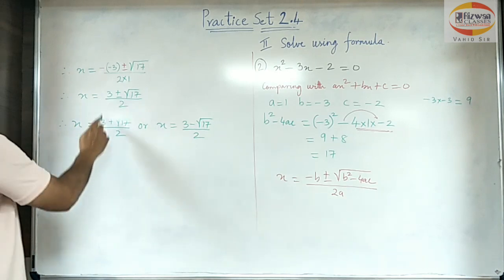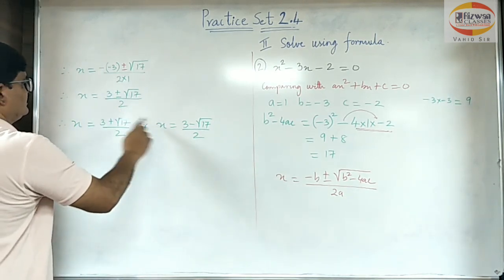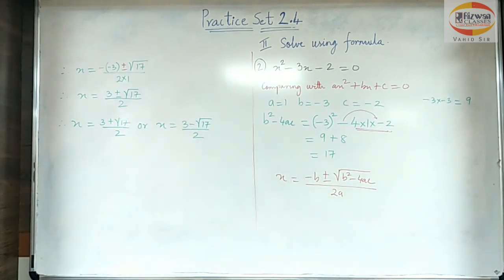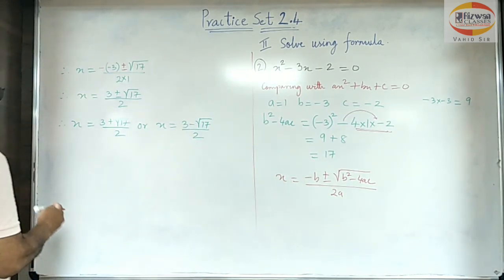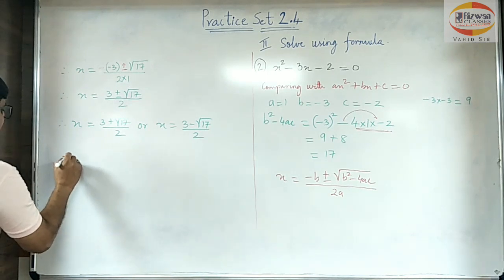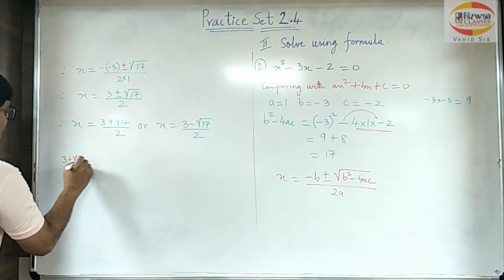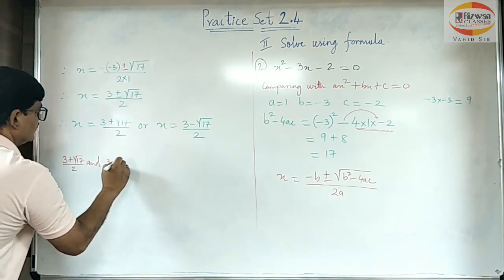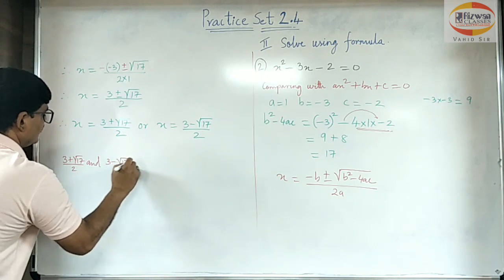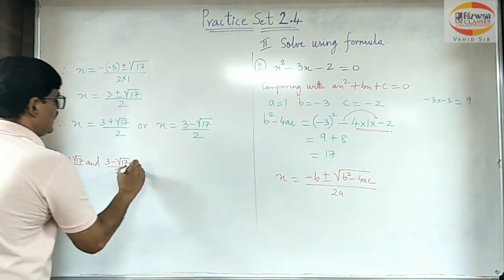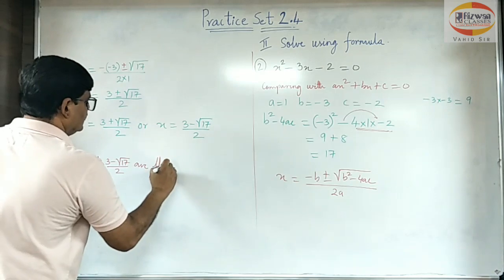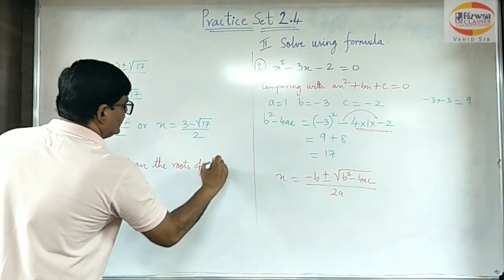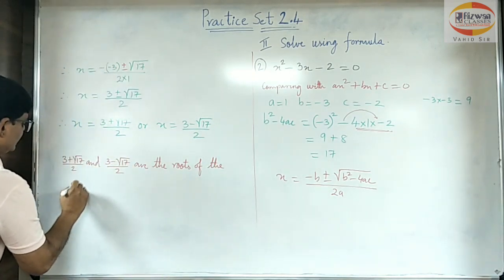So the last statement will be: 3 plus root of 17 upon 2 and 3 minus root of 17 upon 2 are the roots of the given equation.